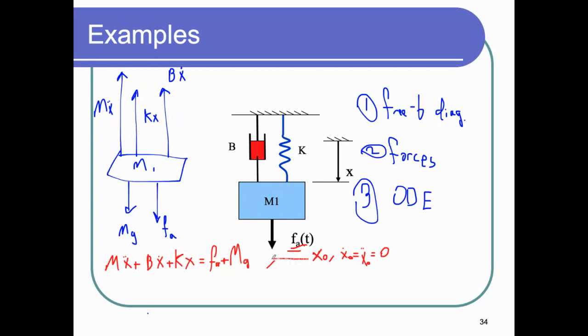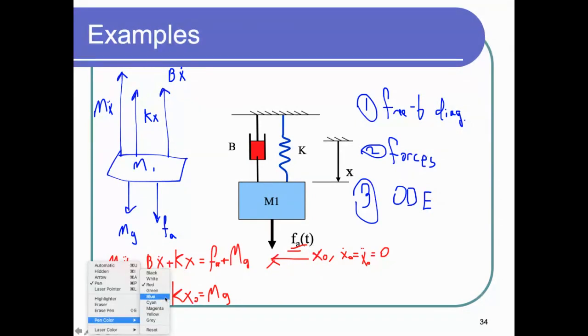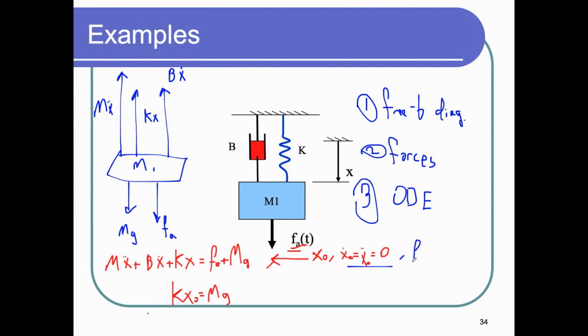And this is aligned with this ODE, right? So if I do that, we get k x naught is equal to mg. Why? Because at the equilibrium position, these are equal to 0, and also you have no external force, so it is 0.